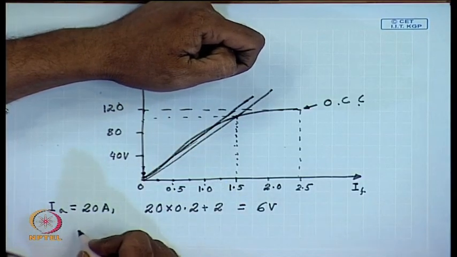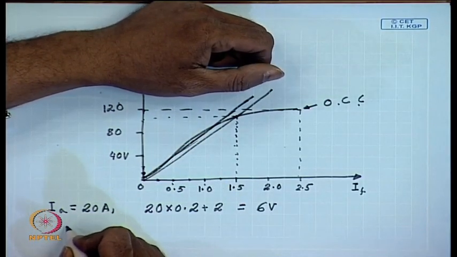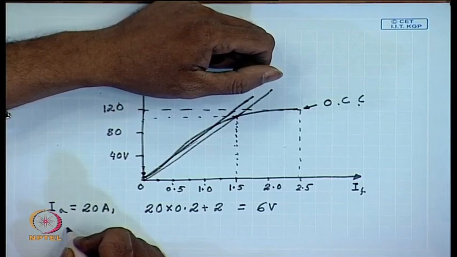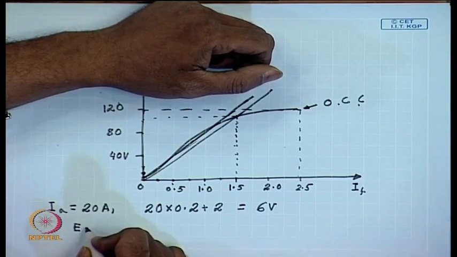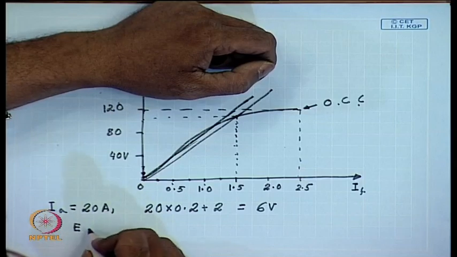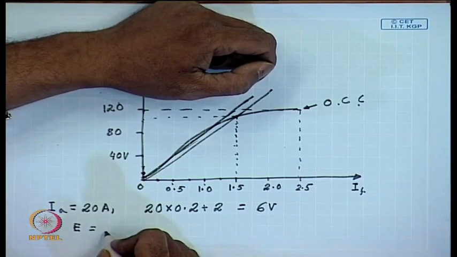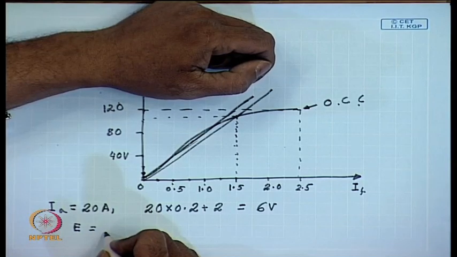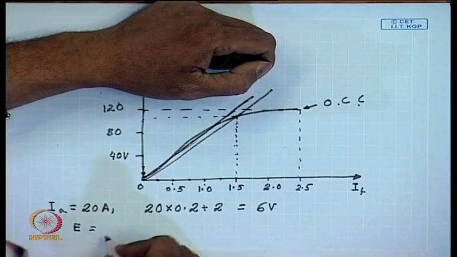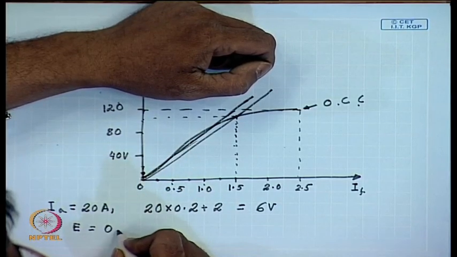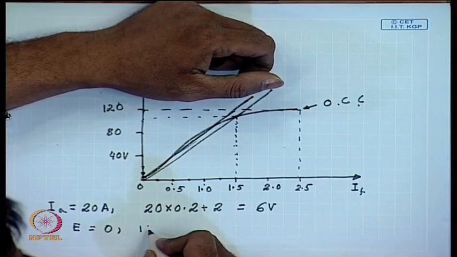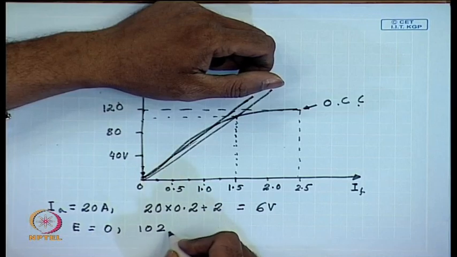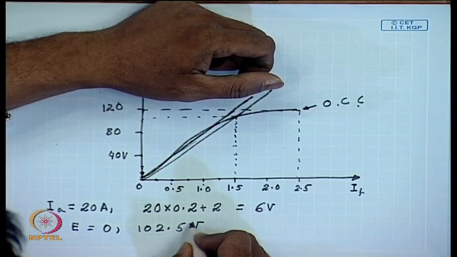This gives you two field currents, E equal to approximately 102.5 volts and 2.5 volts.